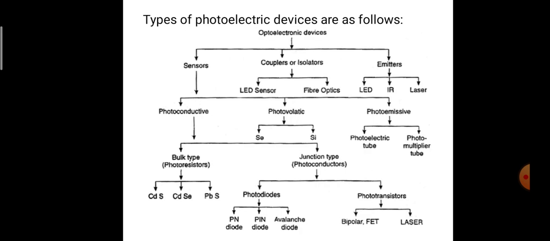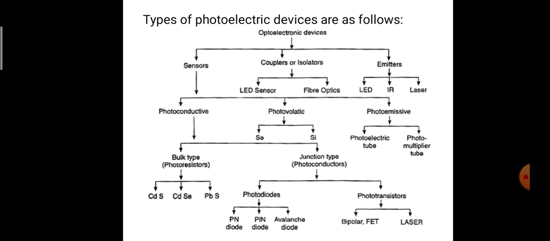Now we are discussing the types of photoelectric devices. The photoelectric devices consist of three types: sensors, couplers or isolators, and emitters. Sensors are classified into three types: photoconductive, photovoltaic, photoemissive.